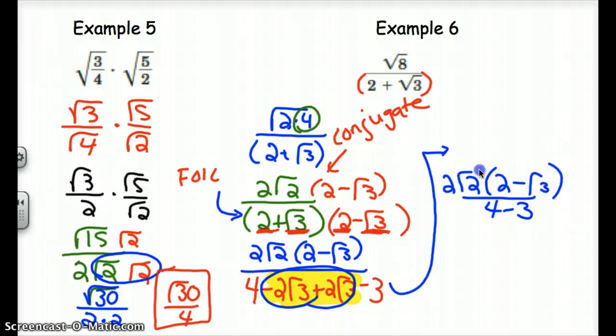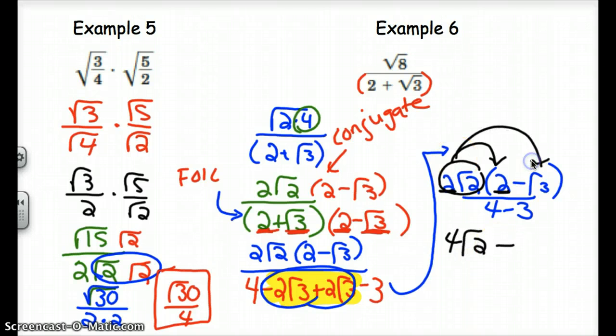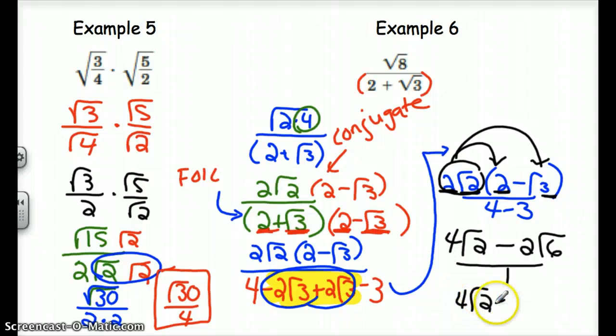Now I need to distribute. 2 times 2 is 4 root 2 minus 2, and then root 2 times root 3 is root 6. And that's all over 1. And so I don't need to write it all over 1. So I have 4 root 2 minus 2 root 6 as my final answer.